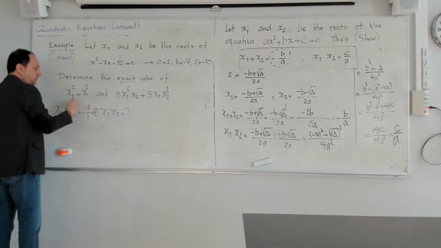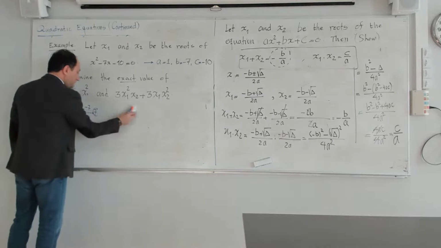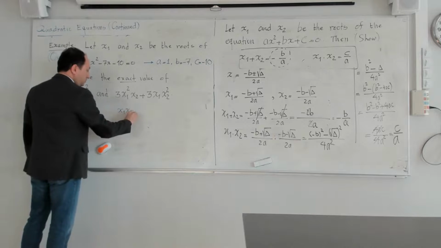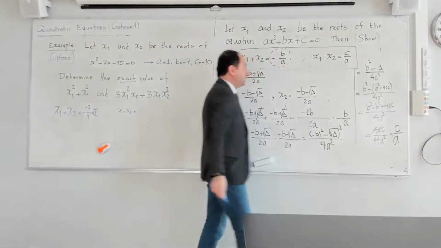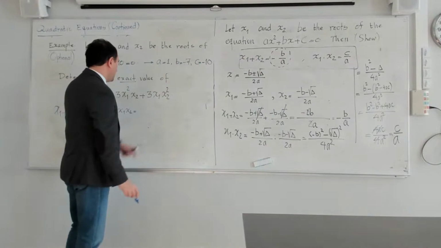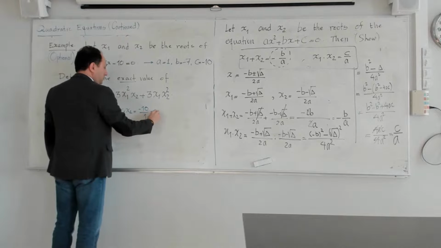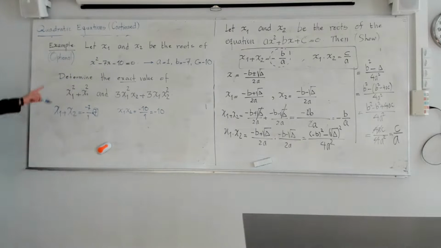You will see that you will definitely get 7. And then x1 times x2, according to the formula on the board, it's C over A. So C is minus 10 over A is 1, so it's minus 10. So these question marks are simple by what you see on the board.